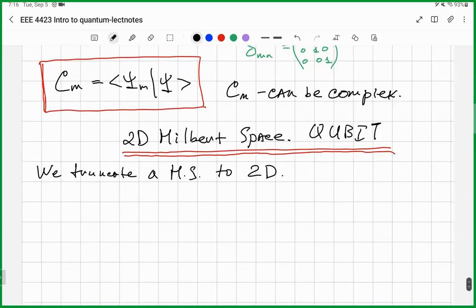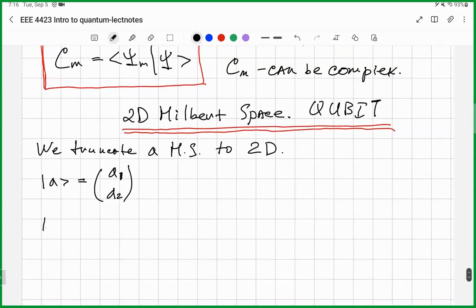So since the space is two-dimensional, any vector in this space is a two-dimensional vector with two components. For example, vector A gets two components, A1, A2, right?